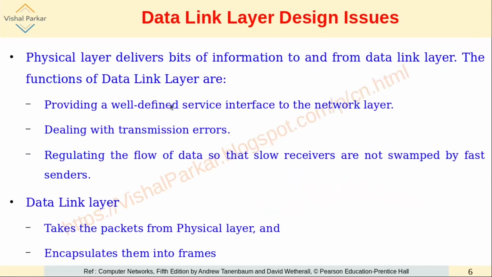So the functions of the data link layer become providing a well-defined service interface to the network layer, which is on top of it. We already saw that it has to deal with transmission errors, that is error control. And the third function is flow control, wherein slow receivers are not swamped by fast senders.